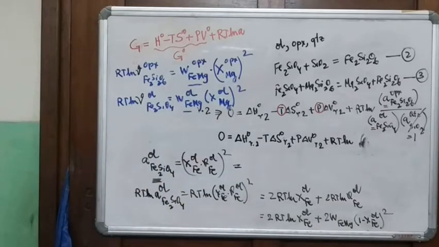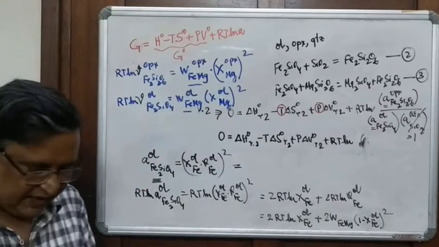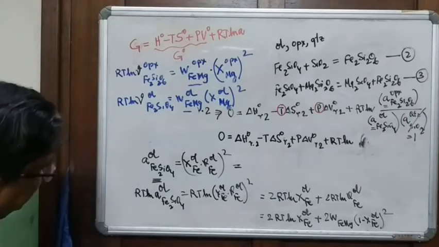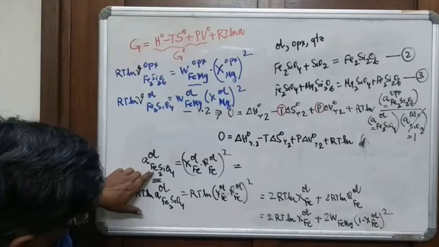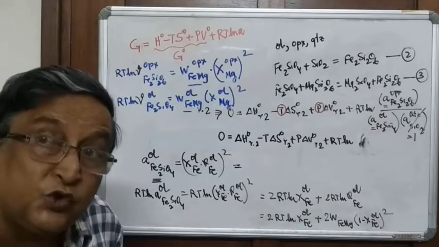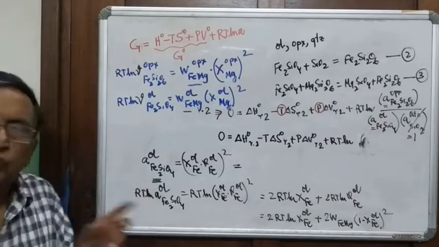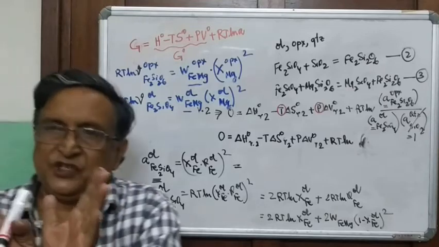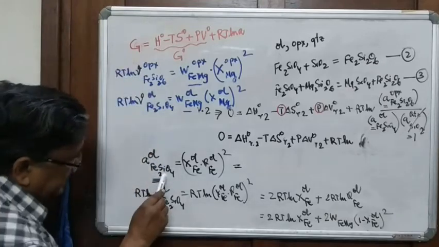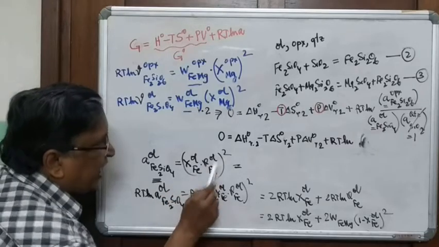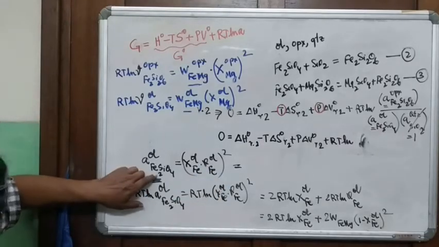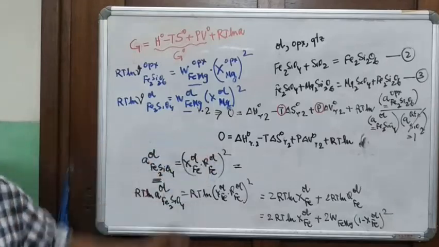Have you understood? So once again, look at it correctly: activity of Fe2SiO4 means iron magnesium mixing on two sites, and those two sites I have not distinguished here. Then at every site, XFe into gamma, whole squared.